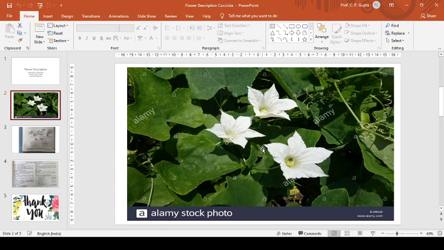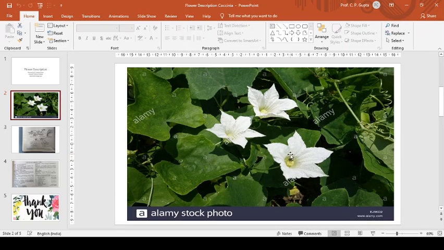Leaf apex is mucronate or acute and multicostate reticulate venation. So this is the description of leaf: simple, alternate, exstipulate, no stipule, petiolate, palmate, cordate, margin dentate, apex mucronate or acute and multicostate reticulate venation.